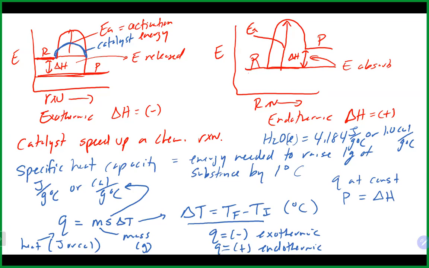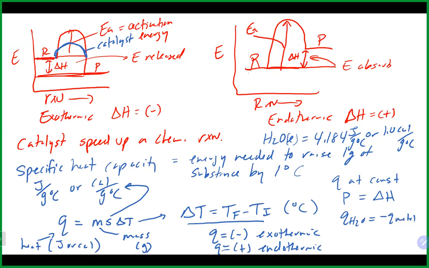Kind of like what you did when you heated up the metal pieces and you threw it into the room temperature water. That water is going to absorb all that energy, right? And the metal is going to release all that energy. And in a situation like that, the Q of the water will equal minus Q of the metal, right?